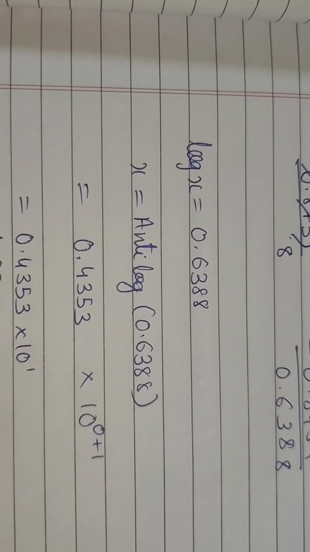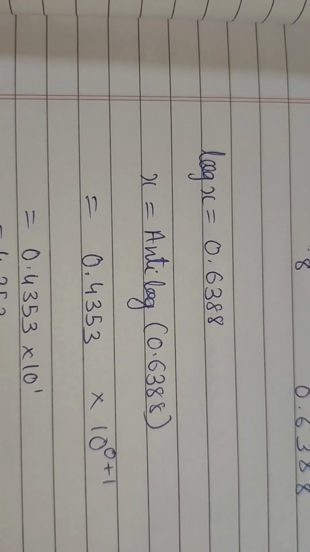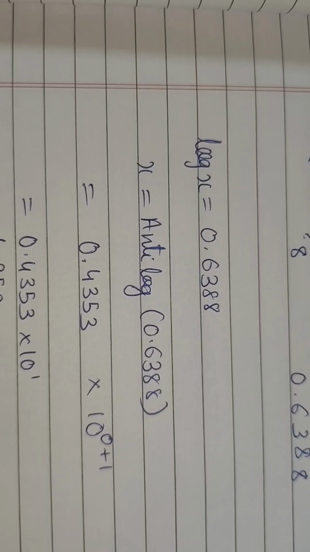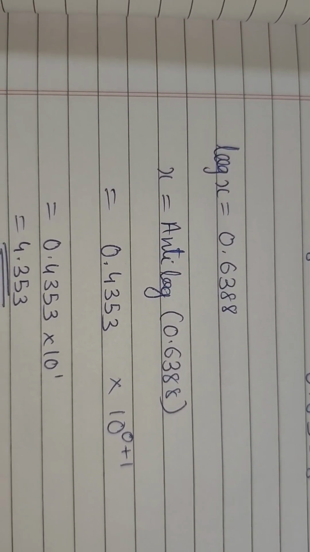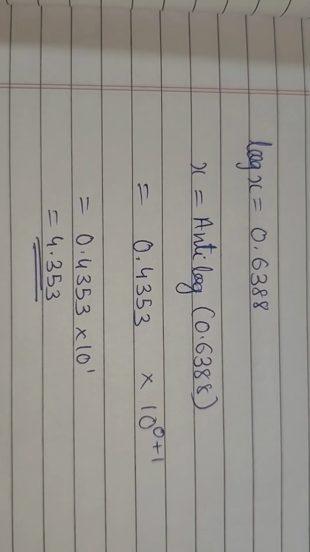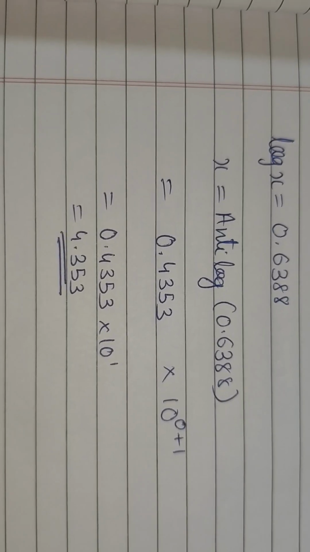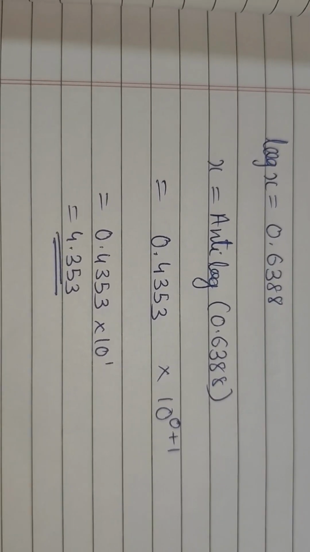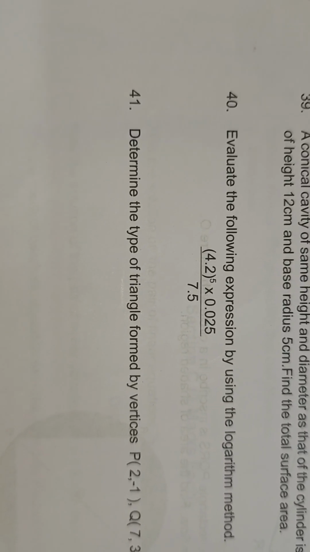So anti-log of 0.6388, and for anti-log we always have to add 1 to the characteristic. So 0.4353, and the final answer will be 4.353.